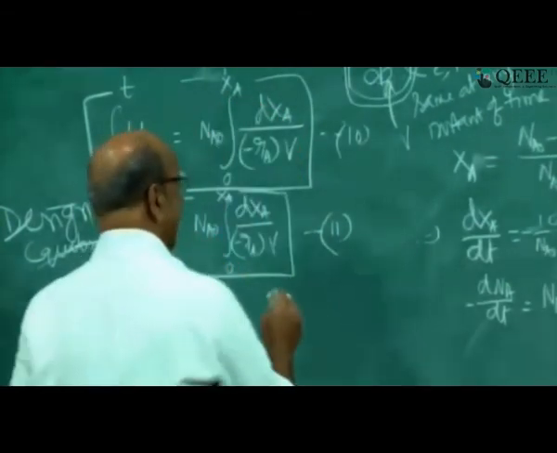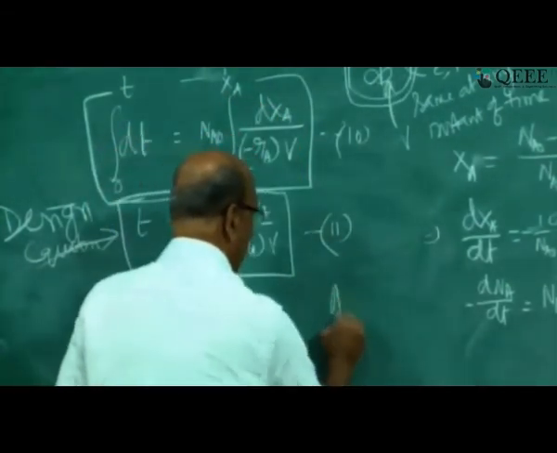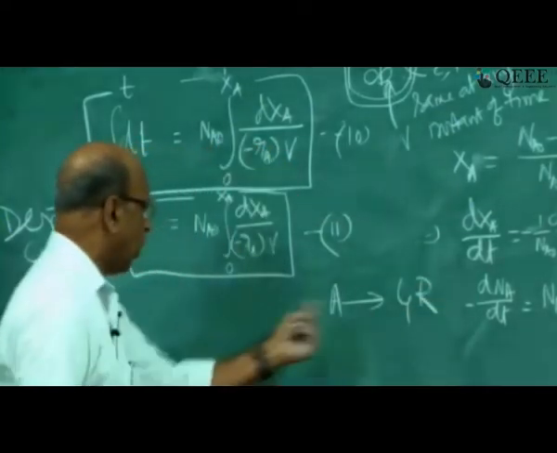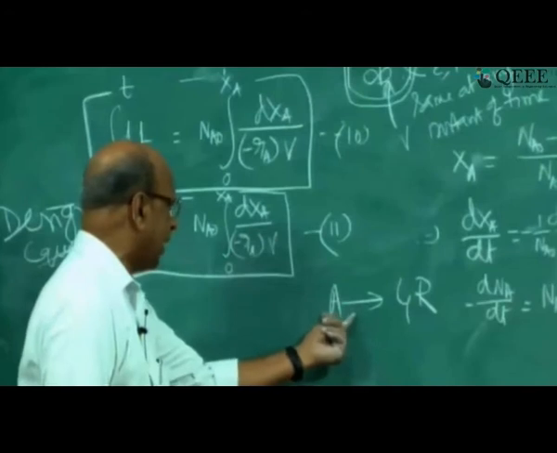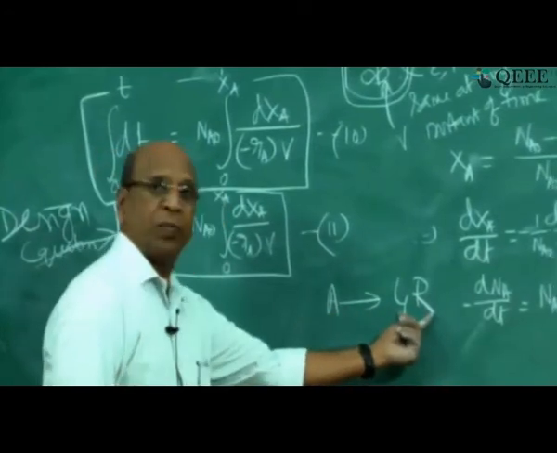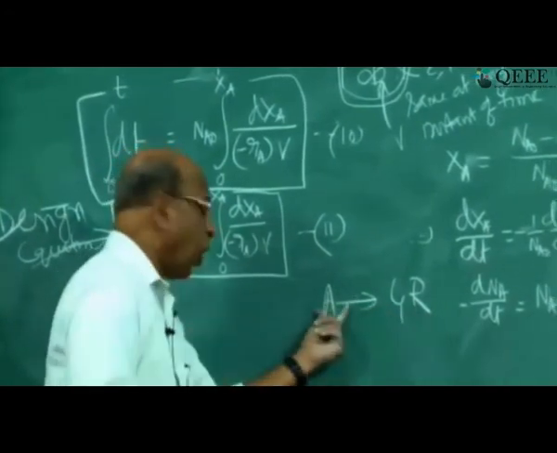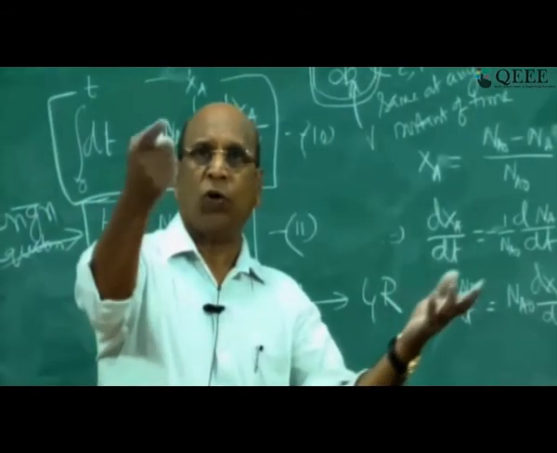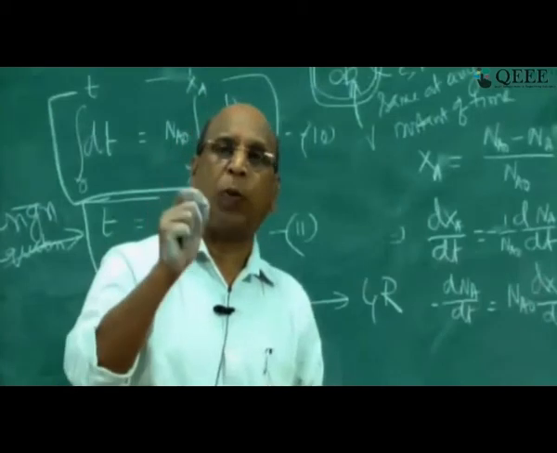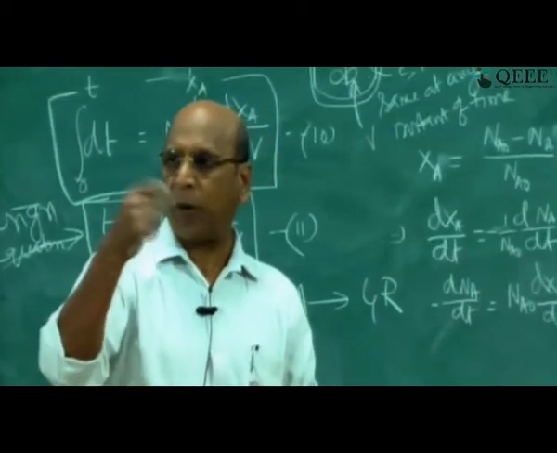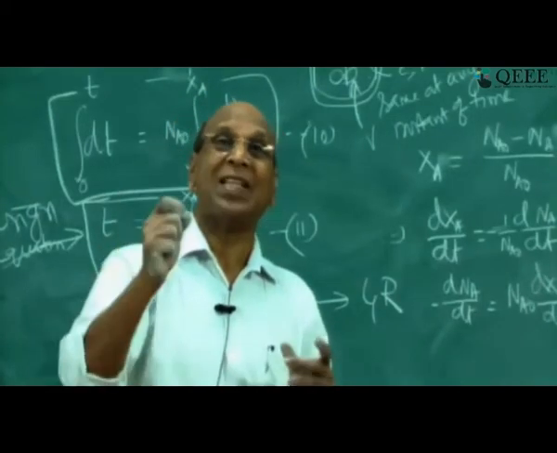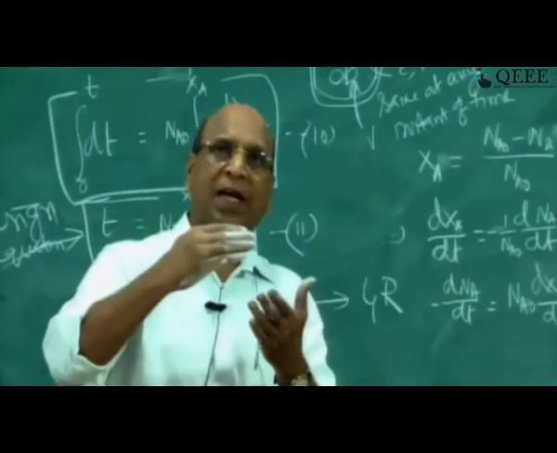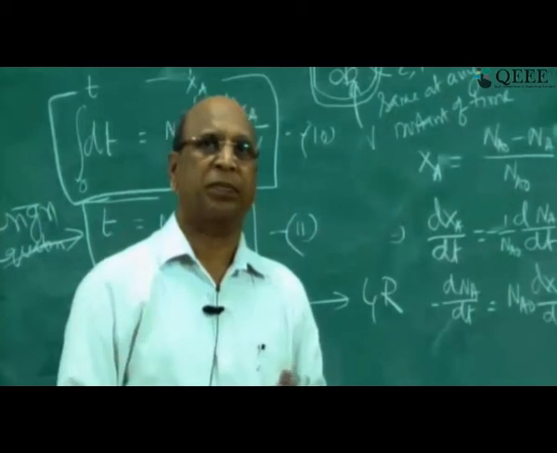Particularly when 1 mole of A goes to 4 moles of R, stoichiometrically, 1 mole of A gives 4 moles of R. We know that 1 mole occupies 22.4 liters at STP, and depending on the temperature and pressure, we can always calculate that, right?